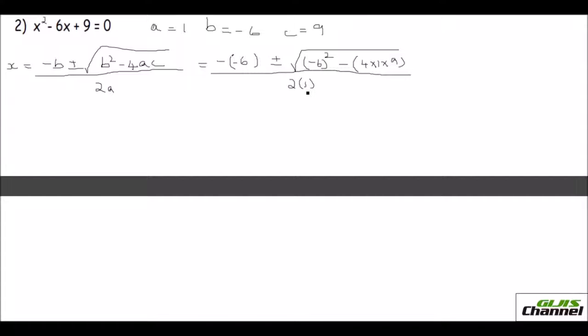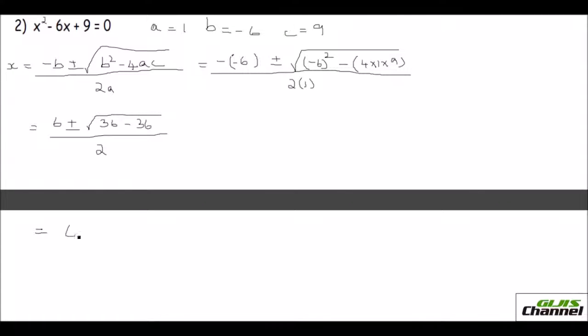When you simplify, minus of minus 6 is plus 6, plus or minus square root of 6 square is 36 minus, when you do 4 times 9, that is also 36, over 2.